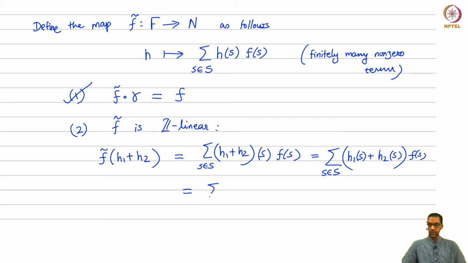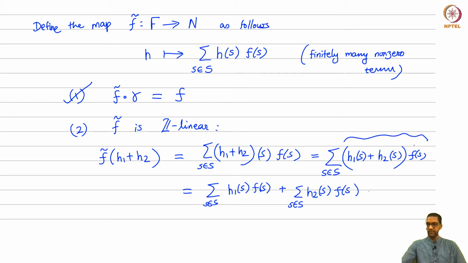And this is now the summation of h1(s) f(s) plus h2(s) f(s). Here I am using the fact that all of these are elements in the Z-module N.